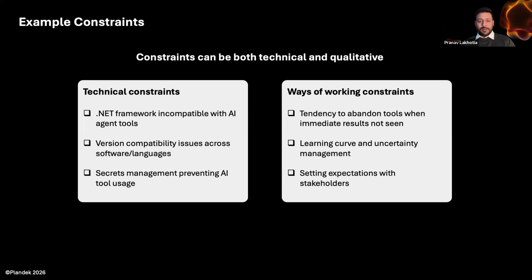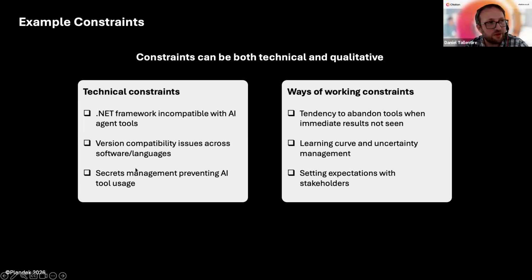Okay, a couple of questions have come in. Firstly, how do you measure code quality at Citation? We use SonarQube for our code quality assessment, and that's happening on every PR. Our AI agents are responding to Sonar issues.